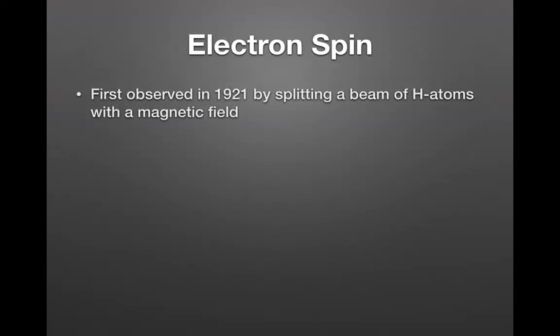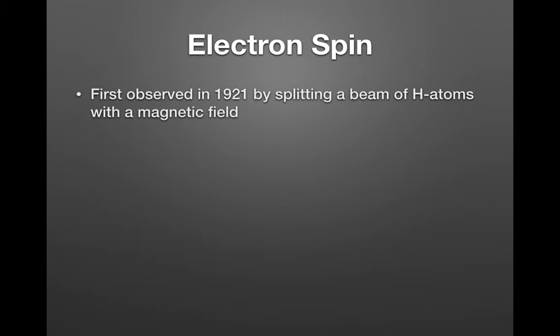Let's go back to the atom here and see how we started filling in our electrons into our atoms and getting everything to agree with the periodic table as far as their periodic properties and their chemical reactivity. So we talked a little bit about this concept of electron spin. We looked at that spin quantum number.